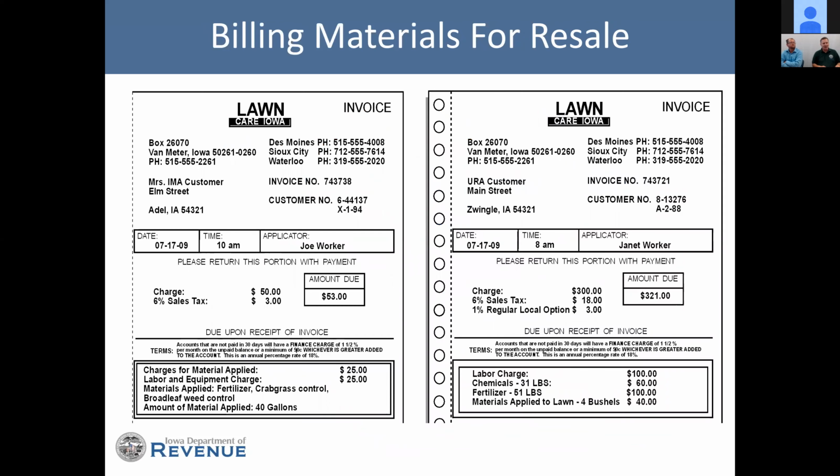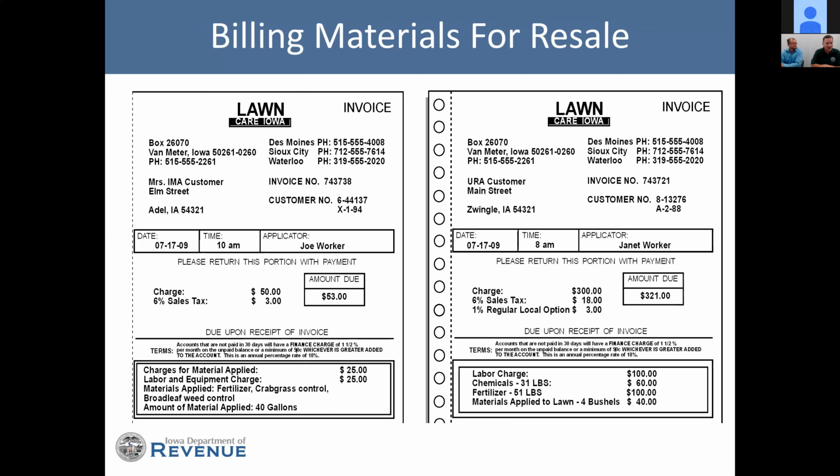A couple of examples here, just to give you an idea of what I'm talking about. In this particular situation, they are billing the materials for resale. They are putting down the labor, in this case, on the left-hand side, and on the right-hand side, they've got a listing of, say, some chemicals, some fertilizer, those types of things.